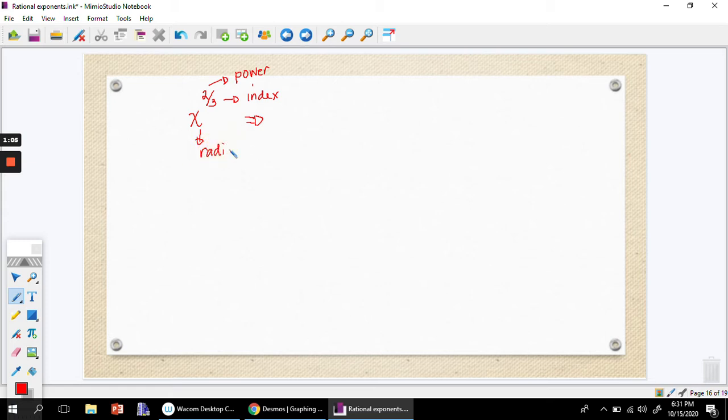So this is the one that you will put inside the radical symbol. Since the denominator is 3, this will become cube root of x raised to 2. Or you can write it this way, cube root of x raised to 2.